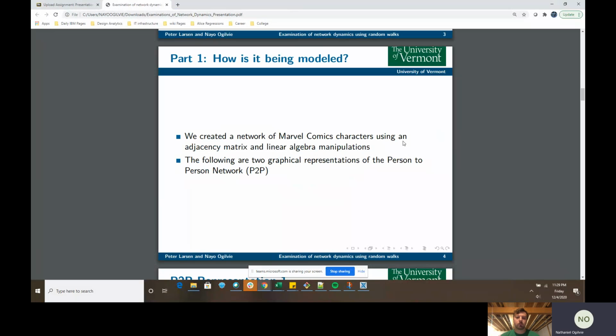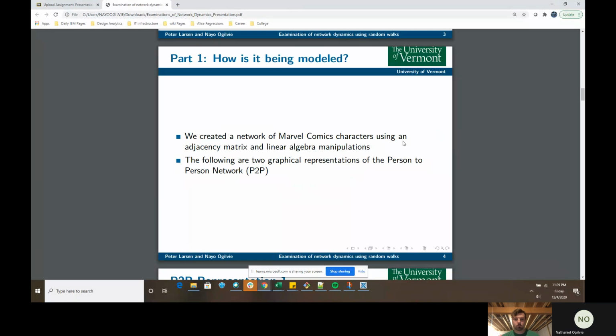All right, so part one, how is it being modeled? So basically what we've done is we've created a network of Marvel comics, and we're using the characters within the universe to create an adjacency matrix and using that adjacency matrix and linear algebra manipulations to create that network.